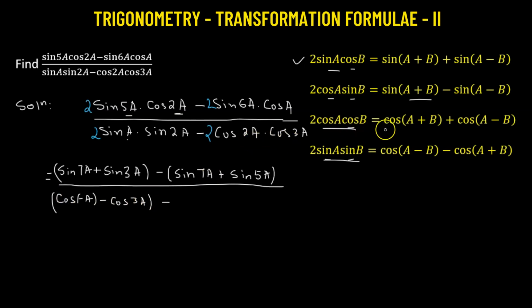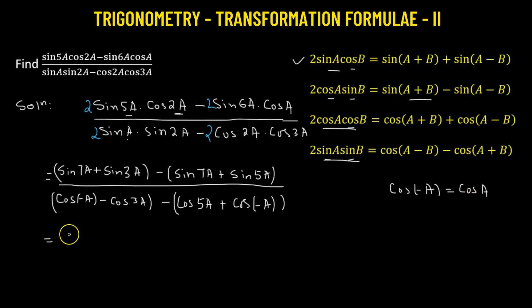Then we have 2 times cosine of 2a times cosine of 3a. So we're going to use this particular identity. We have cosine of a plus b, so that's going to be 2a plus 3a, that's 5a. And this will be added to cosine of 2a minus 3a, which is simply going to be negative a. However, we know that cosine is an even function, meaning cosine of negative a is cosine of a.